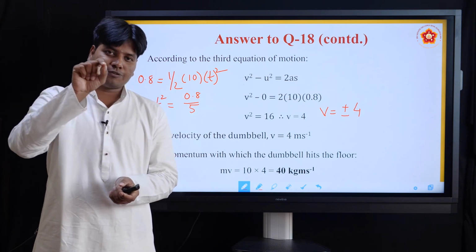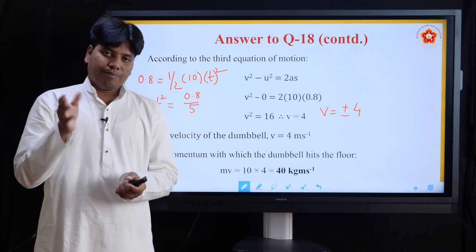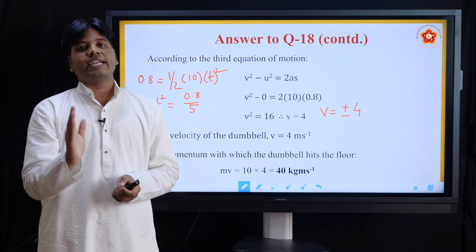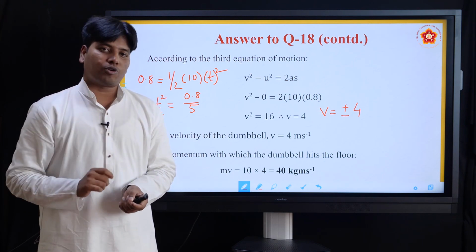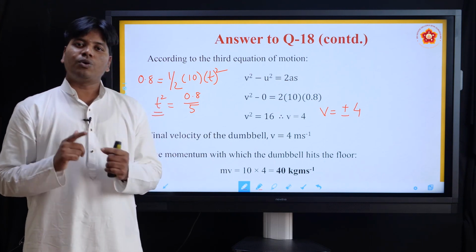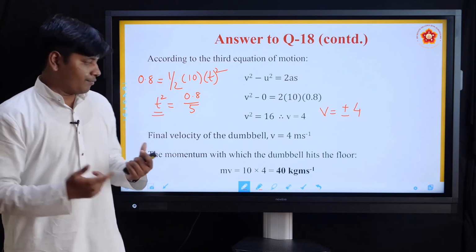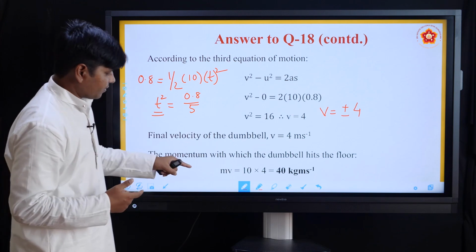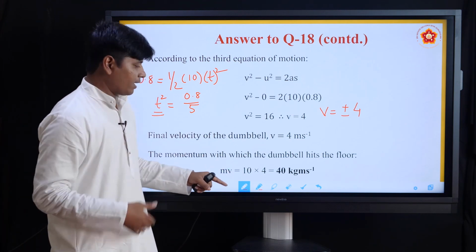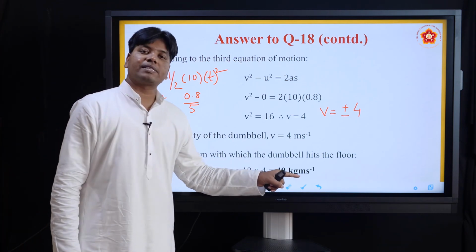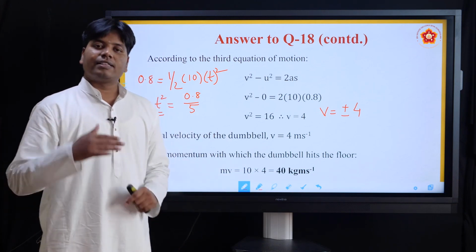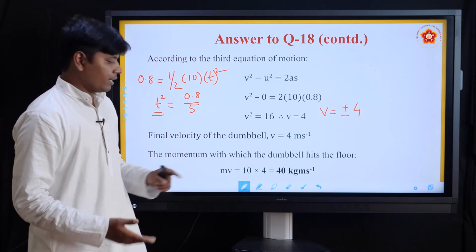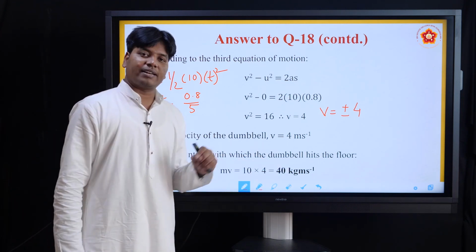So minus 4 tells you about before the event, and plus 4 tells you the velocity gained after the event with that much amount of time. So we only consider the velocity after the event. So the final momentum here we got as 40 kg meter per second. Hence, the momentum transferred by the dumbbell on the floor is 40 kg meter per second.